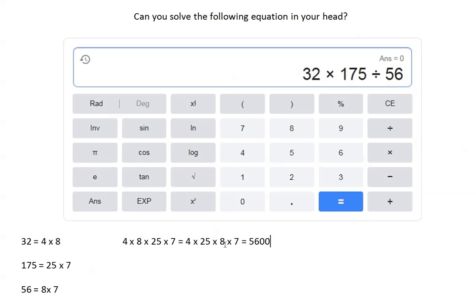Basically, the only difference between 800 times 7 and 8 times 7 is you need to add 2 zeros on the end when you're multiplying by 800. Alright, and now we have the last part of the equation, which I factorized, but we don't even really need to have in factorized form. We'll just return it to divided by 56. 5,600 divided by 56.